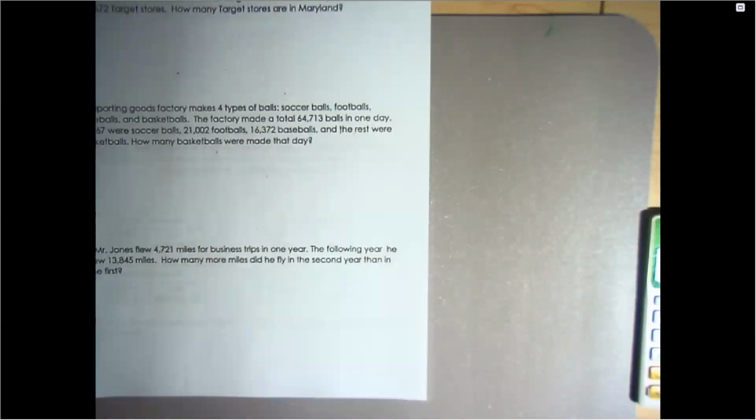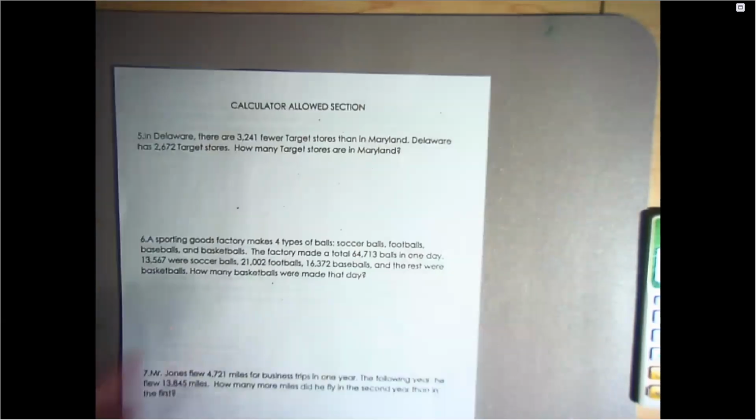We're looking at number 5. Now in this section, boys and girls, the calculator is allowed. And the reason why it's allowed is because the math smarty pants in the world don't necessarily want to test your accuracy, like how well you add, subtract, multiply, or divide. They want to test, do you understand what the problem is telling you to do?